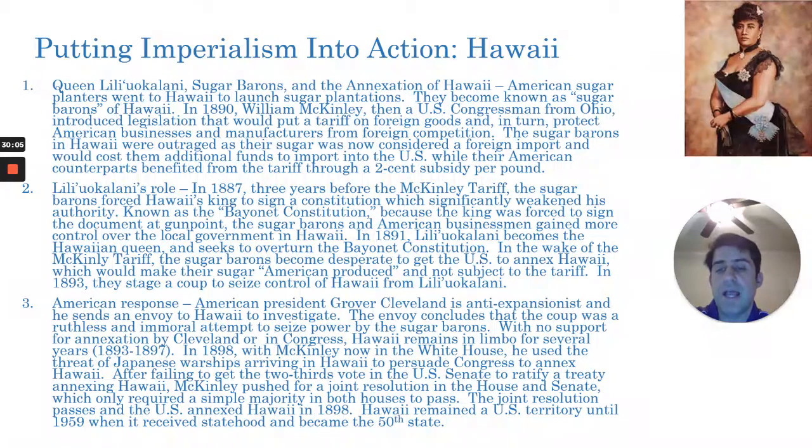In 1898, with William McKinley now the President of the United States and no longer just a congressman from Ohio, McKinley, unlike his predecessor Grover Cleveland, is open to the idea of annexing Hawaii and adding Hawaii to the United States, at least as a territory.